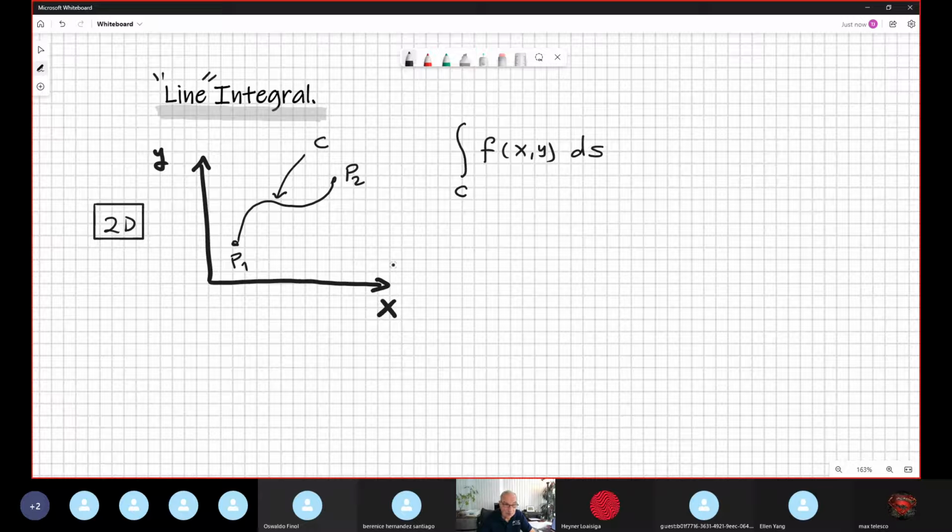ds is, look, we are doing a partition here, but the partition is along the curve. And for any partition you consider the infinitesimal arc length, ds. The ds is the infinitesimal arc length.